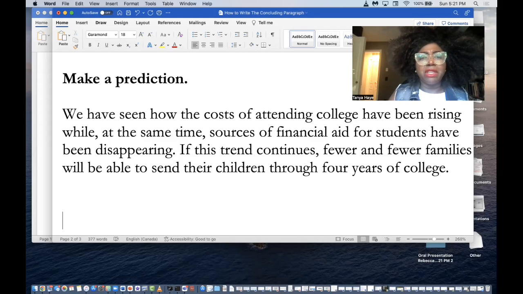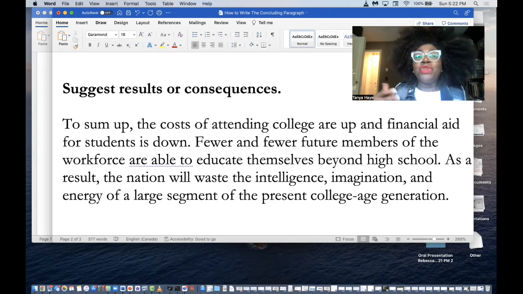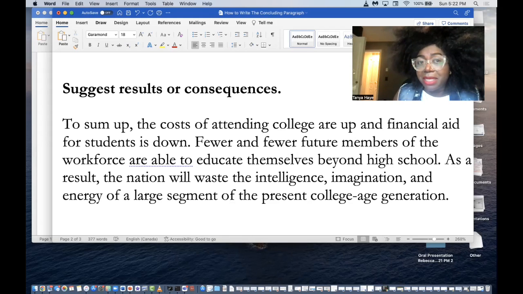We have seen how the costs of attending college have been rising, while at the same time, sources of financial aids for students have been disappearing. If this trend continues, fewer and fewer families will be able to send their children through 4 years of college. That's a prediction. You can also suggest results or consequences, like this example.